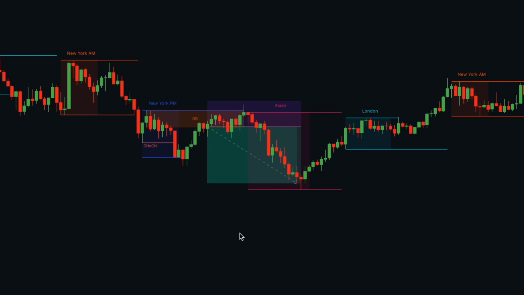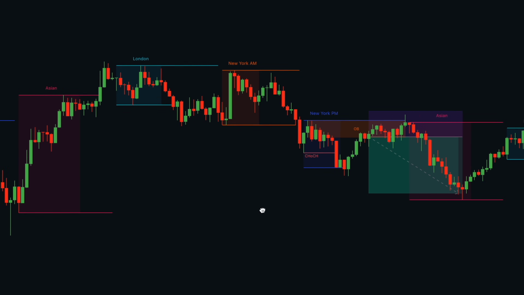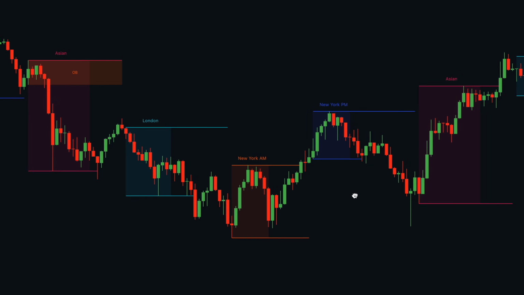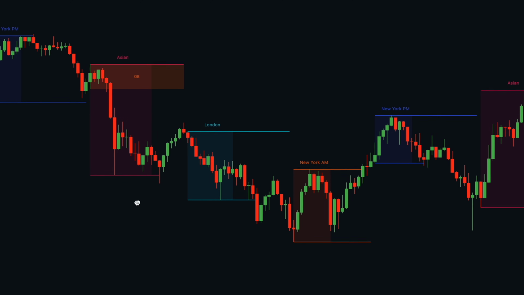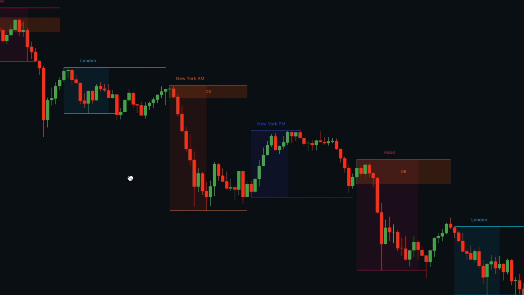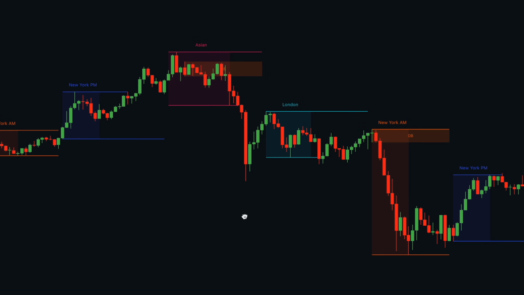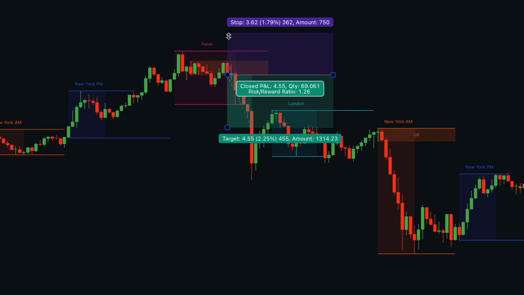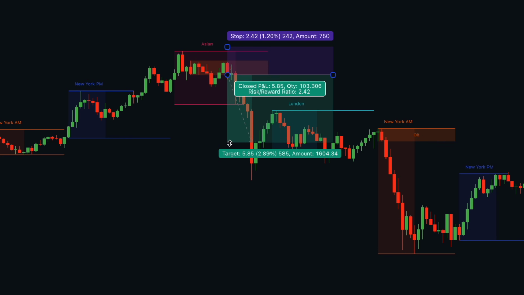These areas may act as significant barriers to price movement in the future, and the breaker blocks component helps traders identify them for potential trading opportunities. Apart from the features mentioned above, this tool also offers market structure shifts, fair value gaps, and sessions on the chart. This is a must-have indicator for every price action trader.